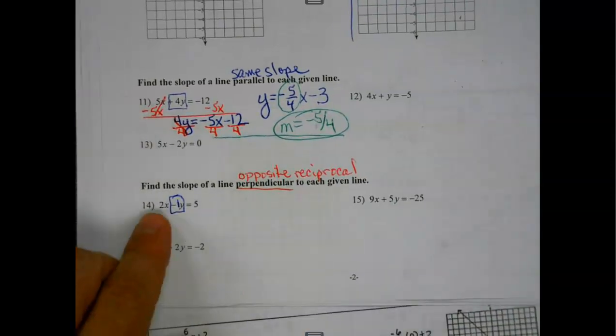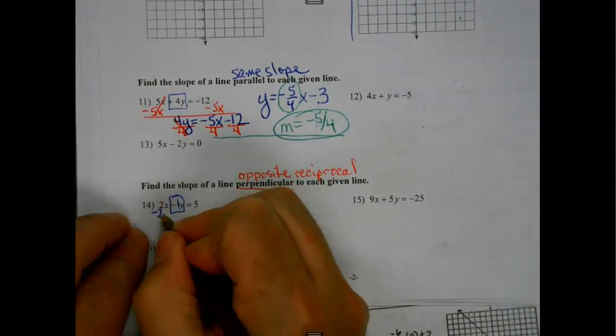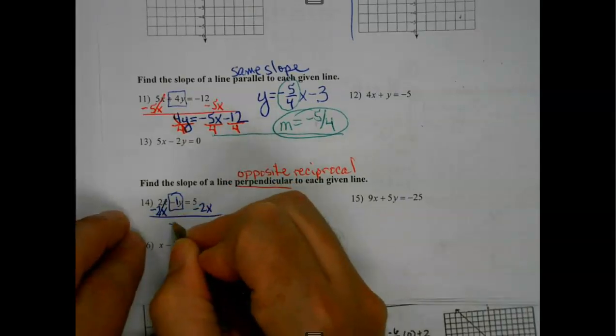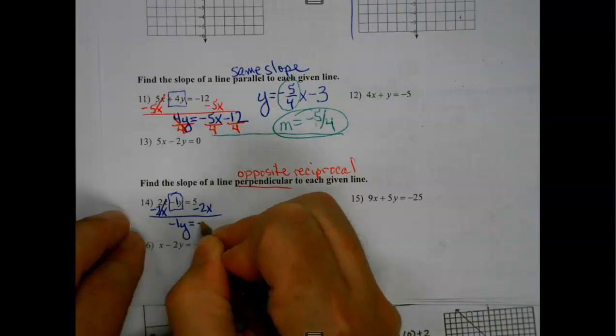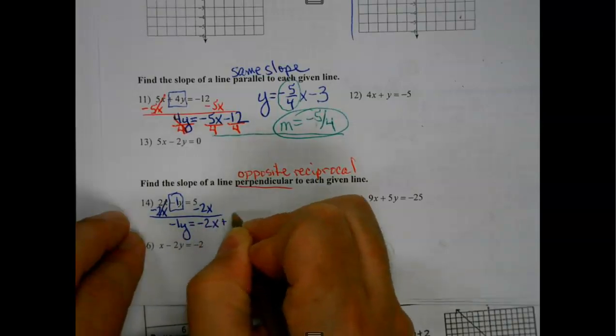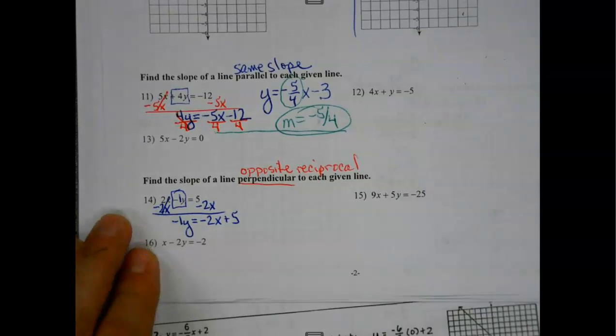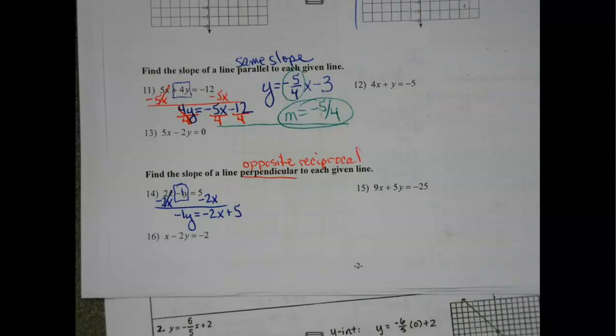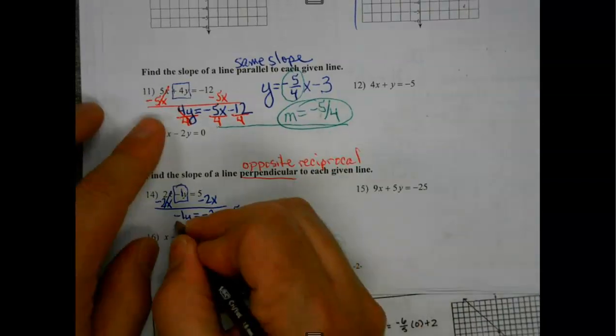My first job, I'm adding 2x to it. I gotta undo that. Again, that 5 is positive. It was the beginning. We don't want to change that.